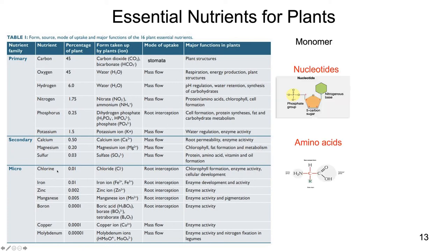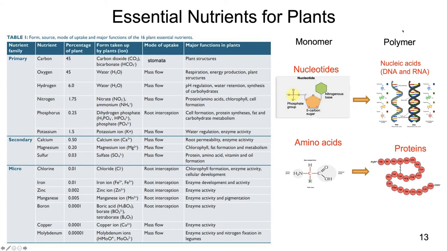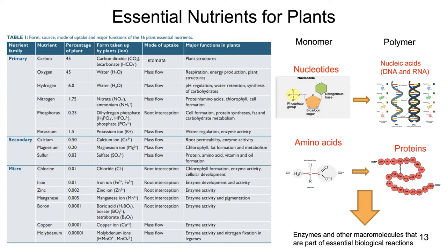But what I would expect you to understand is that ultimately each of these elements goes into the monomers that make up important polymers, and all of these important polymers act as enzymes or other essential macromolecules that are a part of essential biological reactions that plants couldn't survive without.